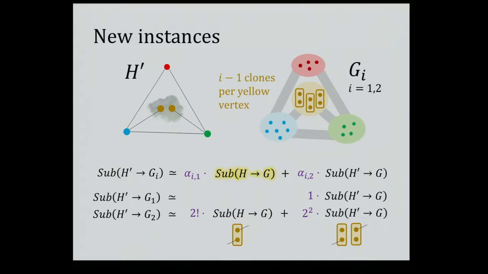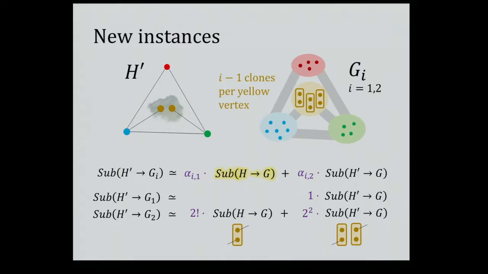These are the known values, which are copies of H prime in some other graph, where H prime is this graph that you get by exploding H. And here you have some quantities, of which this one is the one you're interested in: the number of H copies in G, where H was this non-exploded graph. So if you can count explosions, then you can solve this linear system of equations, which obviously has full rank. So you end up recovering this value that you were interested in the first place.